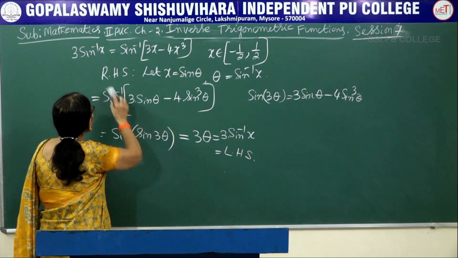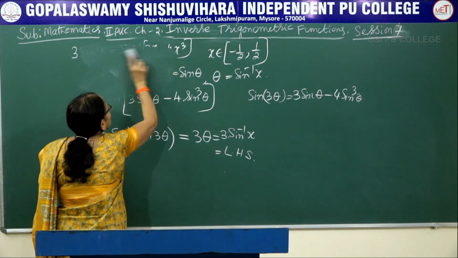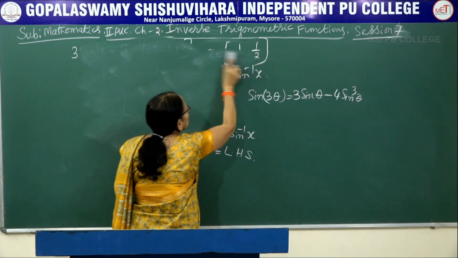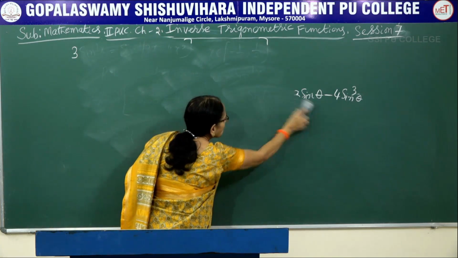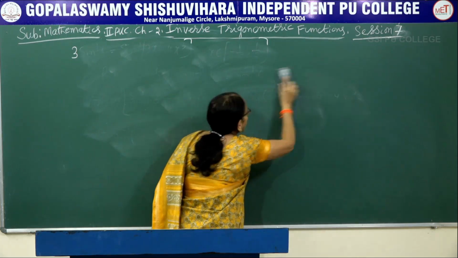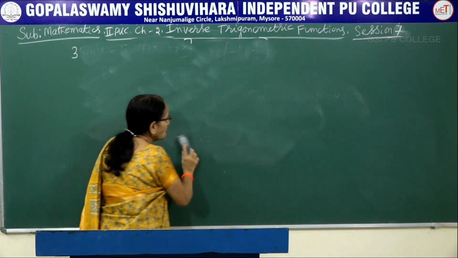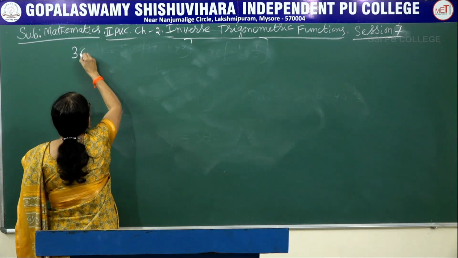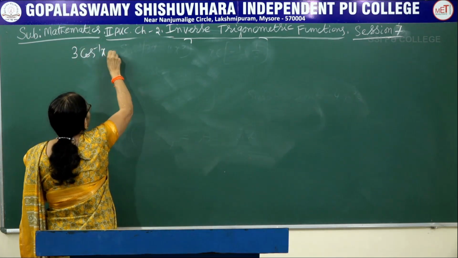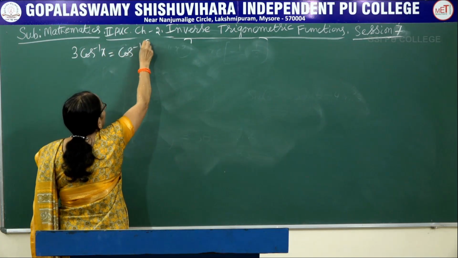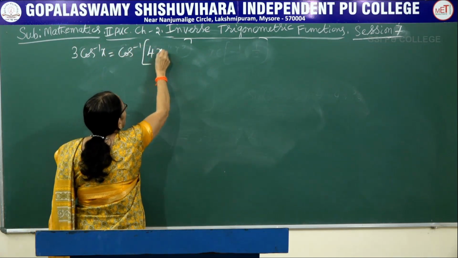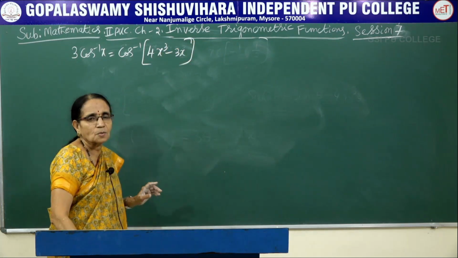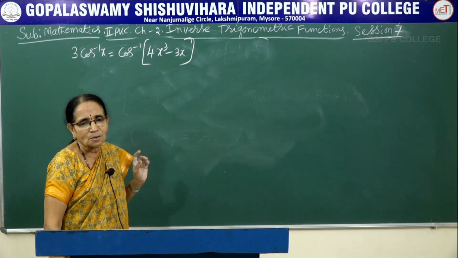Now, along the same lines, we can prove another problem here. Instead of sin inverse, I'll give you cos inverse. The procedure is same. And it is also expected for a 2 mark question only. That is 3 times cos inverse x would be equal to cos inverse of 4x cube minus 3x.